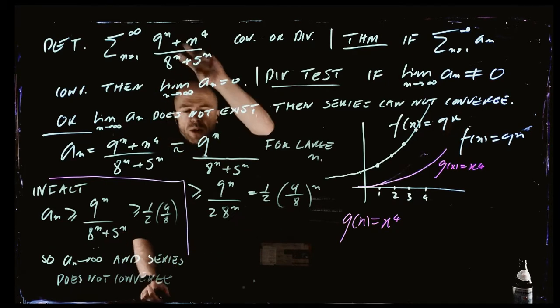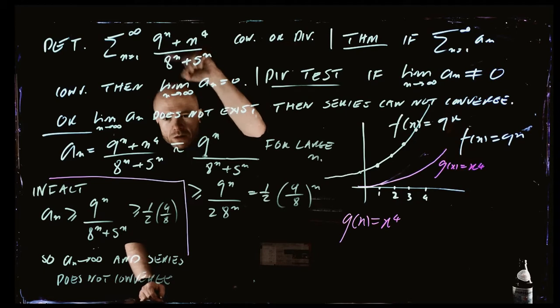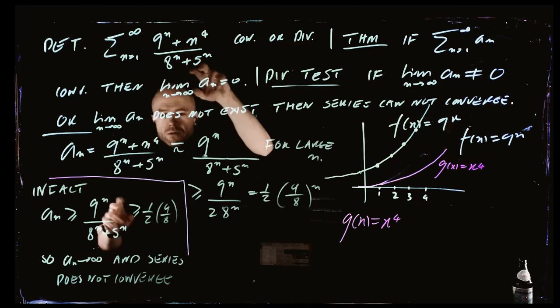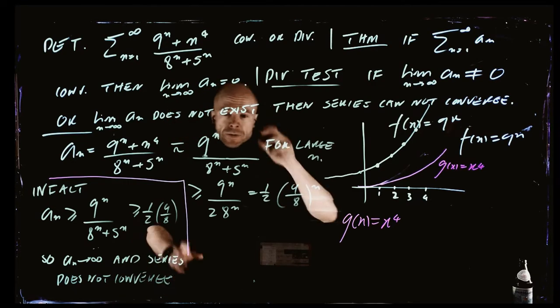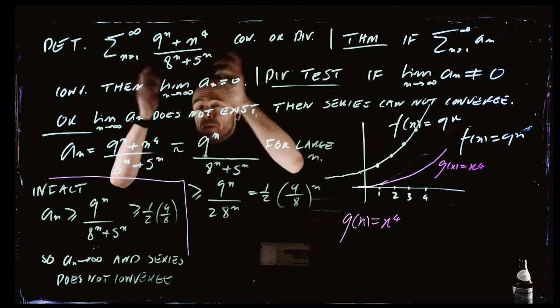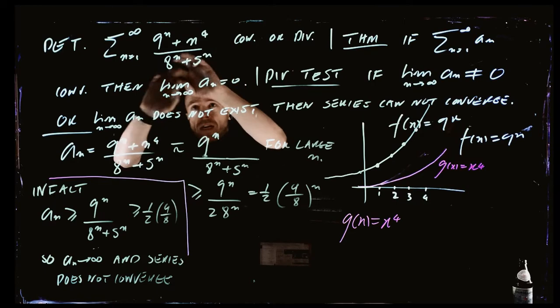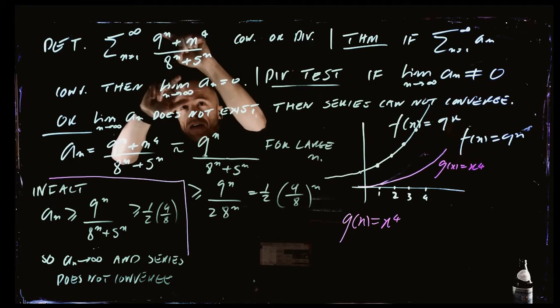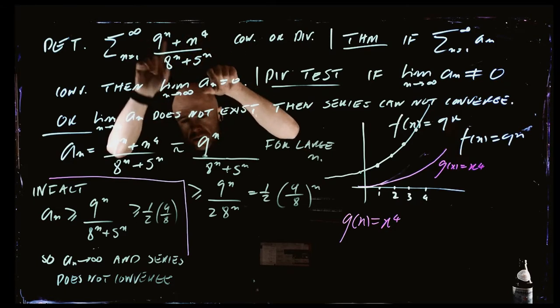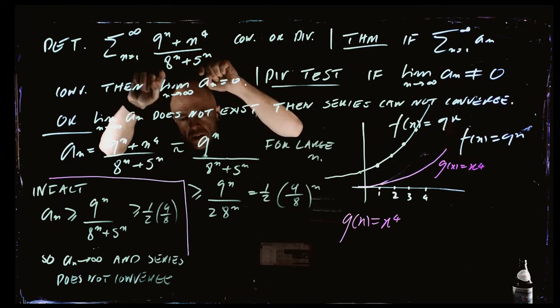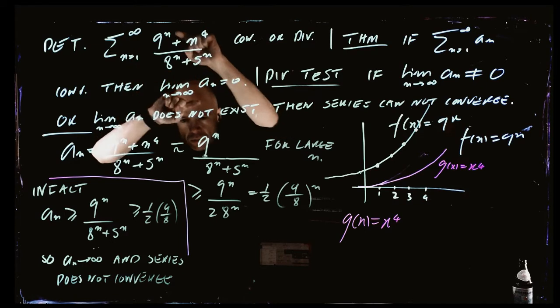We looked at this and tried to get a quick answer by just considering the simplest version of this series. We forgot the n to the 4. You would actually get the right answer just by forgetting about the 5 to the n as well, and just looking at 9 over 8 to the n. So the rule of thumb is, when you have a series that is a division of something over something else, just consider the biggest term on the top and the bottom.